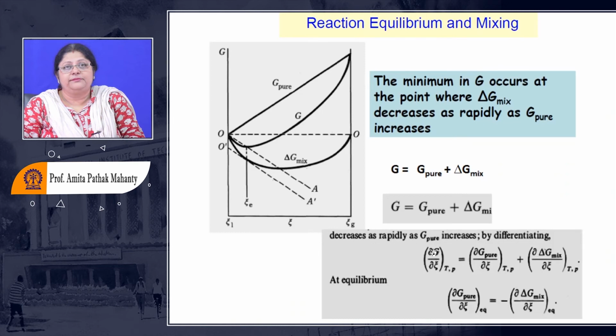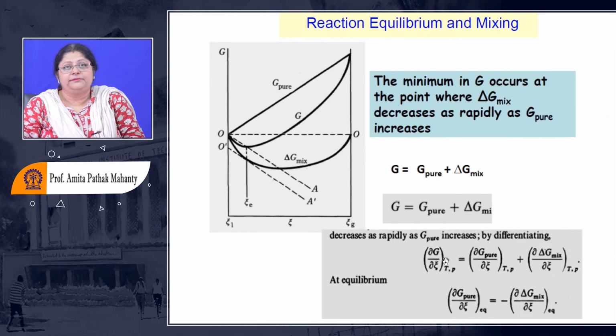So if you can understand what is happening, it is the delta G of total with respect to the progress of the reaction, Z, the progress of the reaction from the gaseous state to liquid state, at a given temperature and pressure. What is going to be the change in G with respect to the extent of reaction? This is nothing but the summation of the change in G with the reaction for the pure plus the change in the delta G mixing.